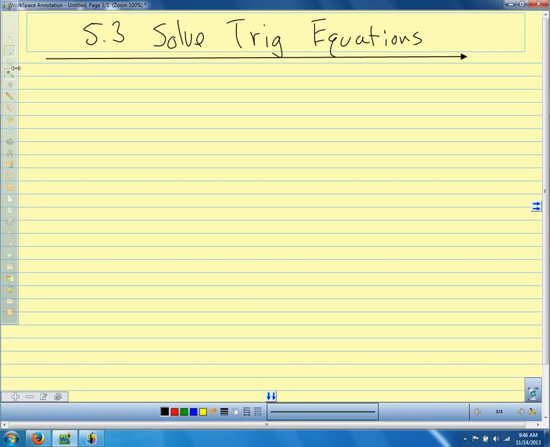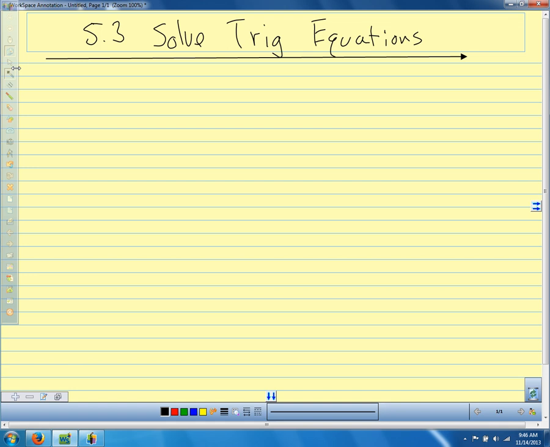A couple of things make trig equations different: trig functions are periodic, so we get multiple solutions, and they behave a little differently than some of the equations that we worked with before.